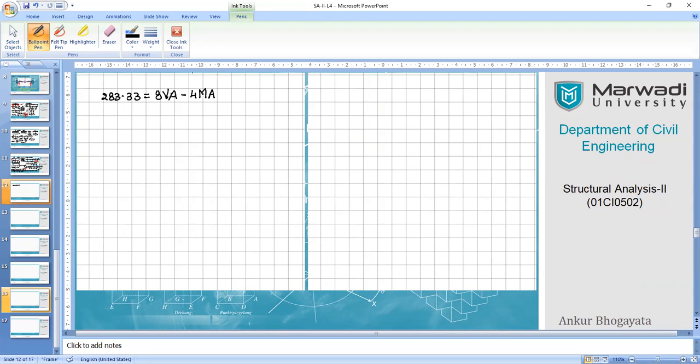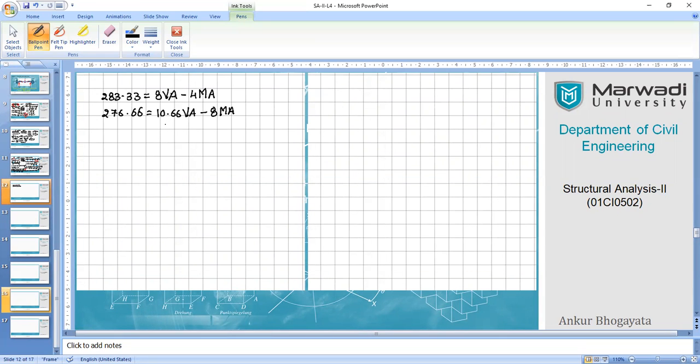And the second equation: 276.66 equals 10.66 VA minus 8 times MA.